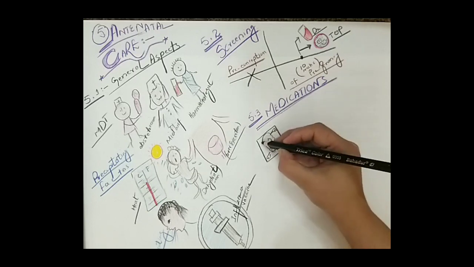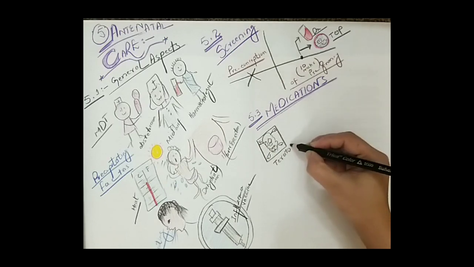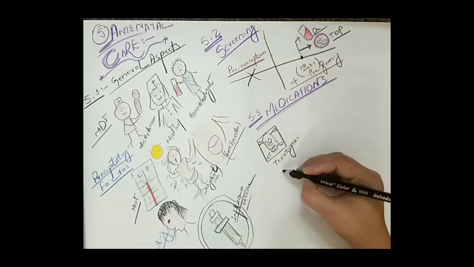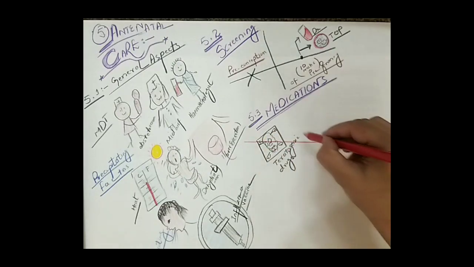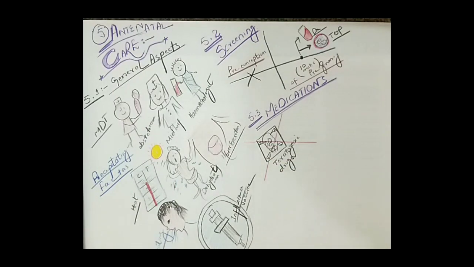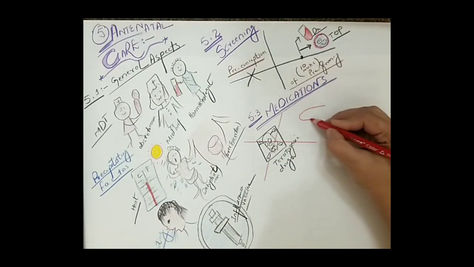I'm drawing the sign of danger, meaning those drugs which are teratogenic. All the teratogenic drugs should be avoided, as I have explained to you, hydroxycarbamide and ACE inhibitors. If the woman is on these, they should be avoided.